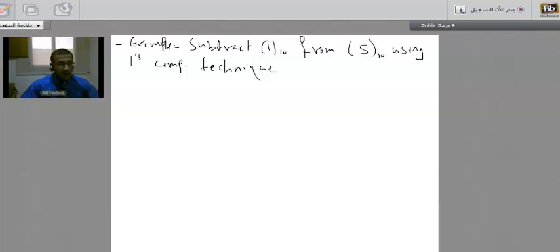So I'm asking you here what to do. I'm asking you to subtract 1 from 5 using the one's complement technique.